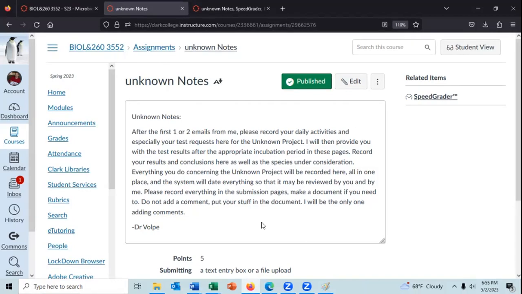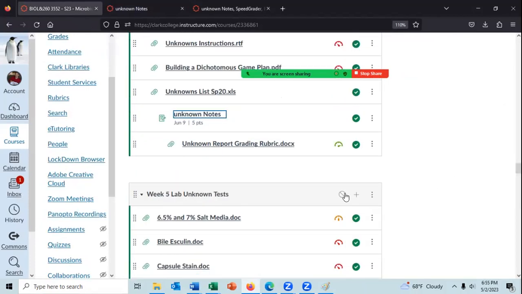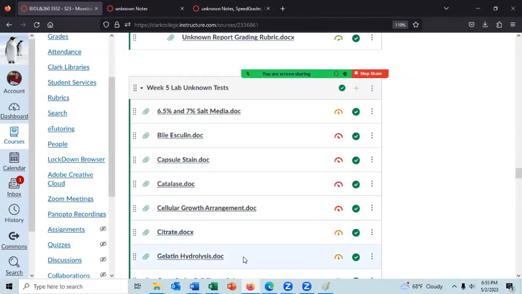Okay, so you need to go take a look at the test you request. Let me see if I've got that showing. Let me show that here now. So week 5 lab unknown tests. These are all the possible tests you can run.